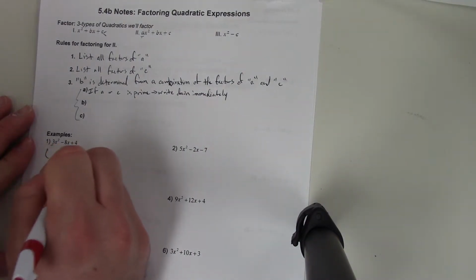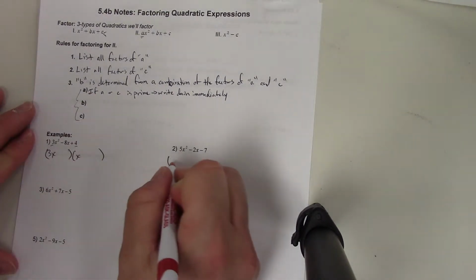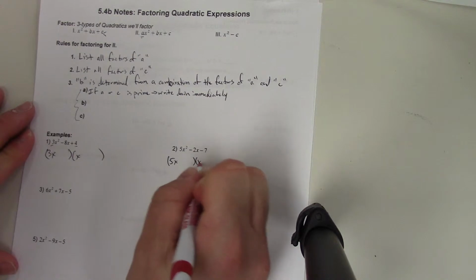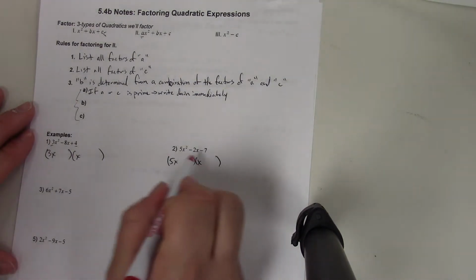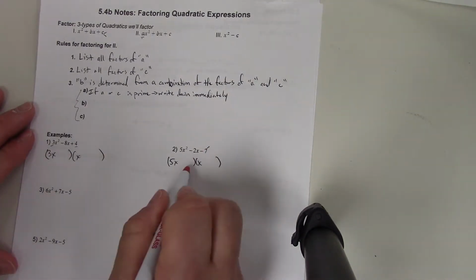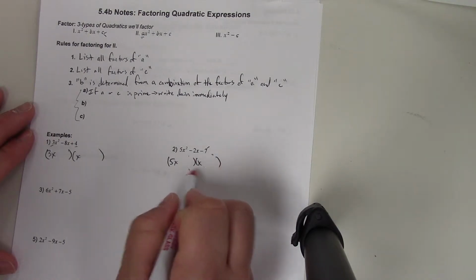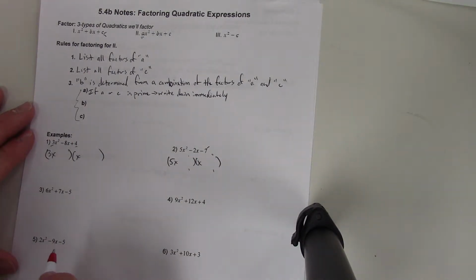So when I go to factor this, I can automatically just put 3x and x, or vice versa, x and 3x. It really doesn't matter. Okay? So that's what I mean by part A. Part A just says put those there. I can do the same thing on number 2, 5x and x, and so on. Okay? And really, even 7 is prime. So this is either going to be 1 and 7 or 7 and 1. We'll talk about that in just a second.